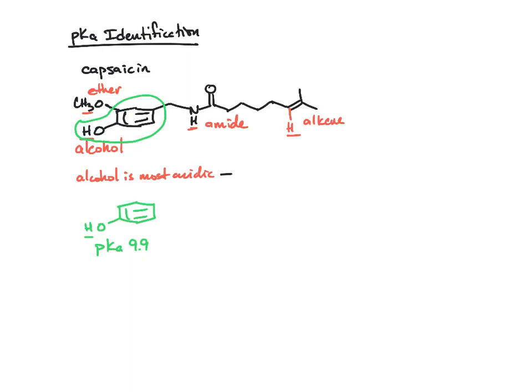So it's going to be that alcohol because it has the lowest pKa. So it's the lowest pKa and the highest Ka for the most acidic. Yeah, so that's the relationship.